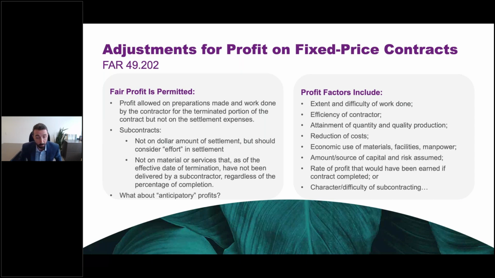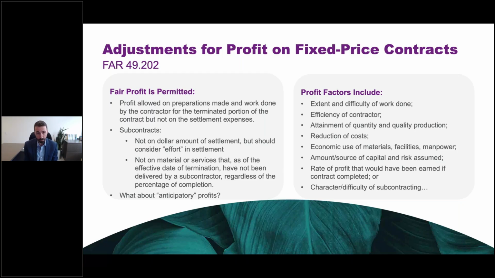Profit is generally claimed as a reasonable percentage of your cost. Okay, profit here does not mean your anticipated profit. So you may have thought, hey, this is a fixed price contract for $100,000. My costs are going to be $90,000, and so my profit's going to be 10. All right, that may have been what you thought going in as your plan, but it's terminated early.